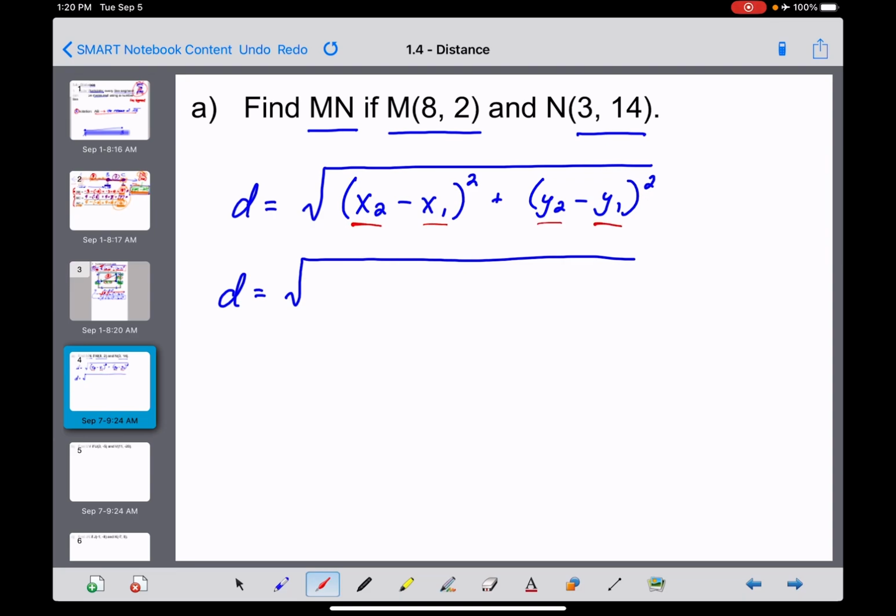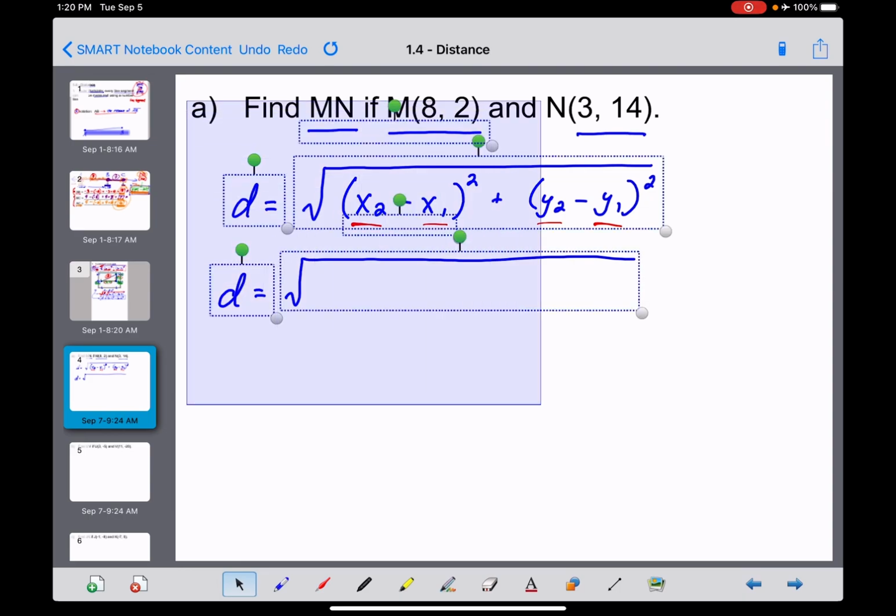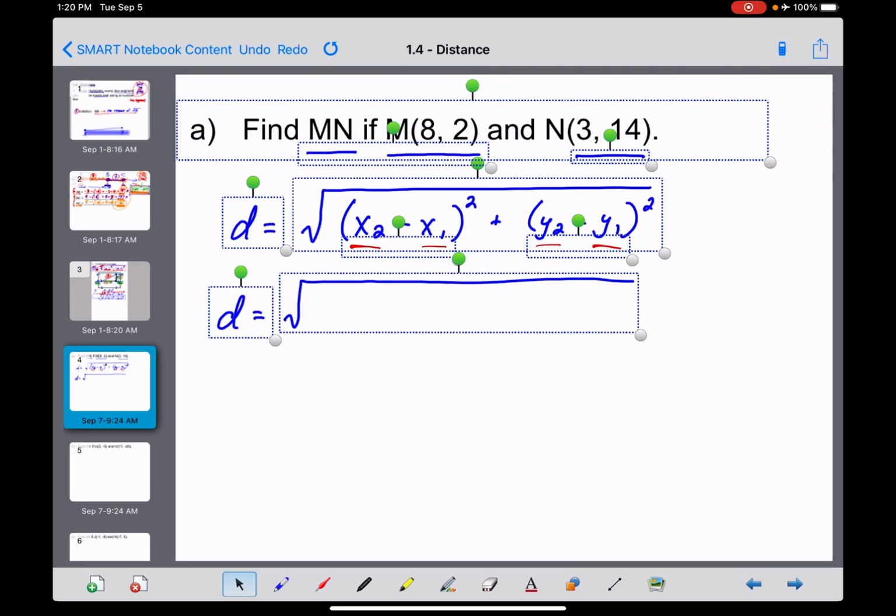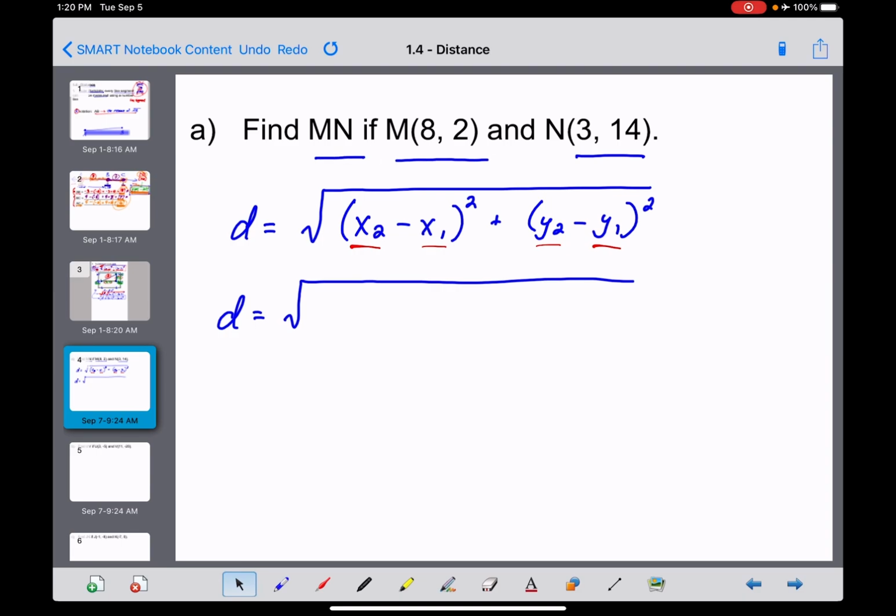Now, we haven't talked about this yet. What in the world do those variables all represent? Well, if you take a look at the 2 original ordered pairs, here (8, 2) and here (3, 14), this gives us everything we need. x2 means the second x coordinate.